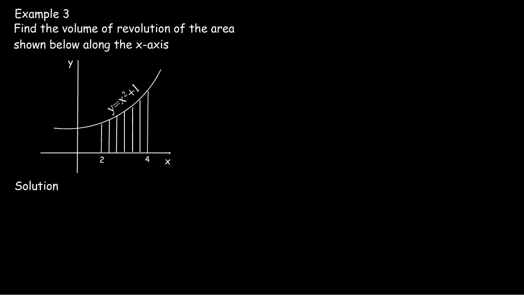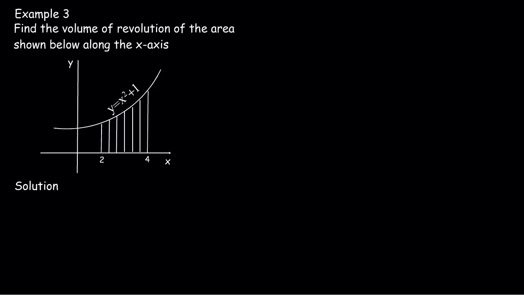We have another question that states that find the volume of revolution of the area shown below along the x-axis. And from the diagram, we can see our limits to be 4 and 2, and our equation is y equals x squared plus 1.